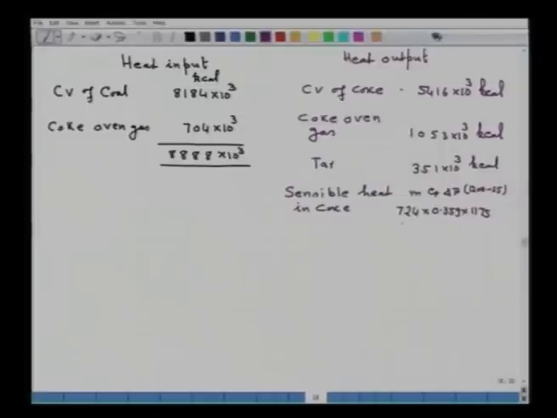So, sensible heat in coke, that is equal to 305 into 10 to the power 3 kilocalorie.